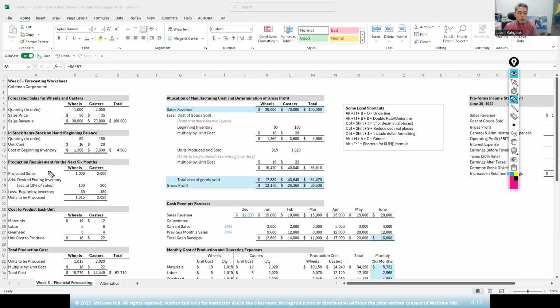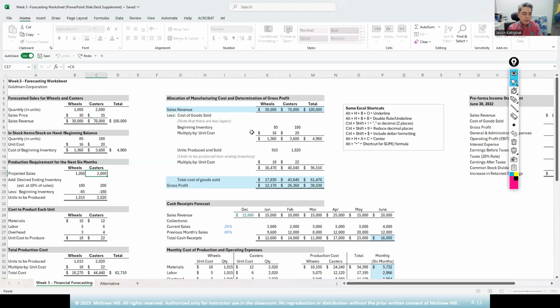Now there's a production requirement. Let me just go through here. I'm going to use the cursor now. For the production requirement, I just do a link, right? I'll press F2. Basically, the information on the sales, I'll place it there as projected sales.